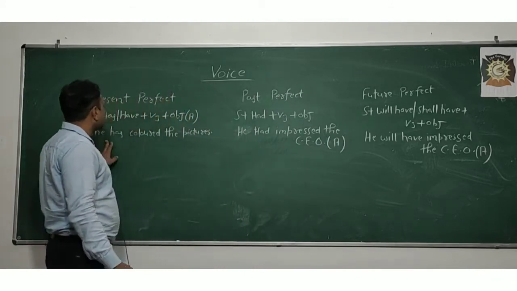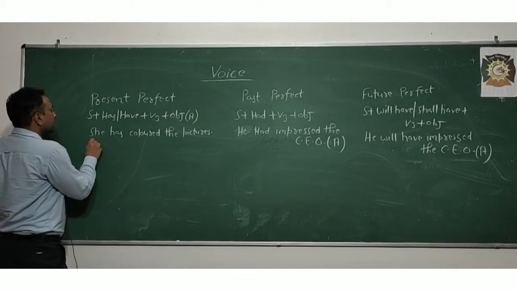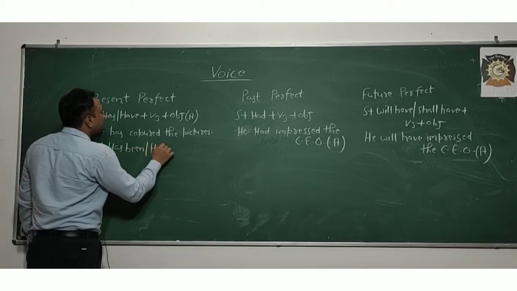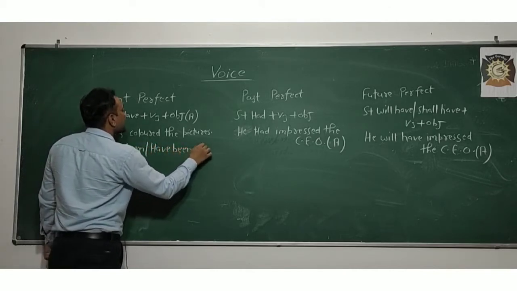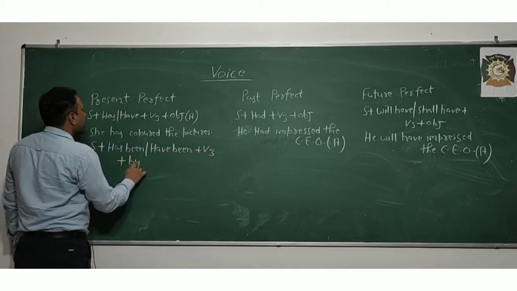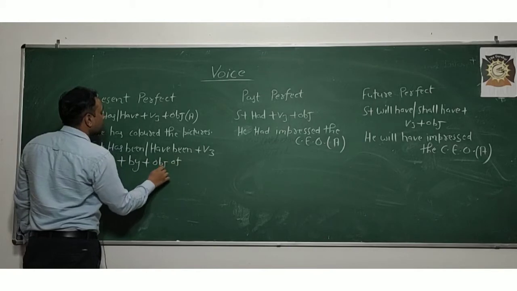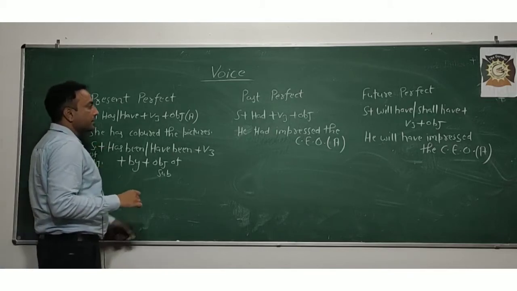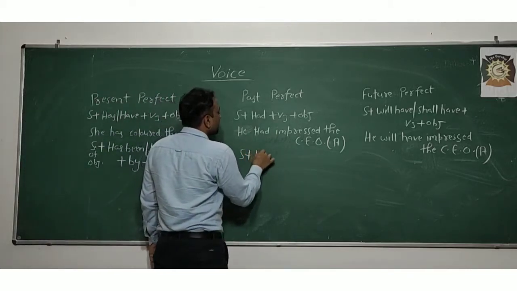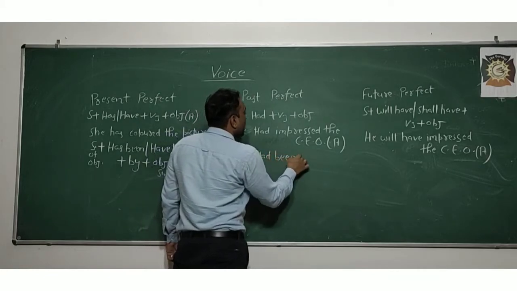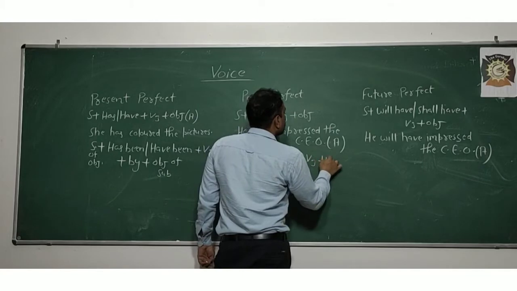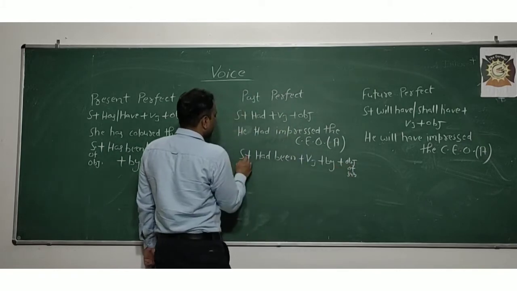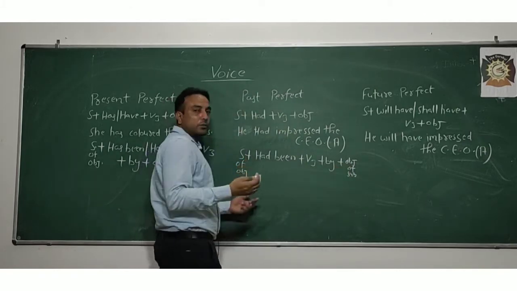So how to change it into passive voice? What's the formula for changing the sentence? Subject plus has been or have been plus V3 plus by plus the object of the active sentence, and here the subject of the object. Same is the case here: subject plus had been plus V3 plus by plus object, because the subject is changed into object and the object is changed into subject.